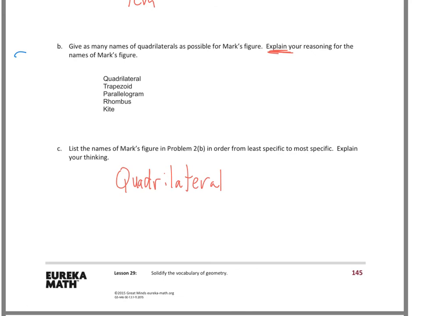That's the only classification. The trapezoid comes next because it has one pair of parallel sides. Again, very basic in terms of classification because there's a lot of shapes that have at least one pair of parallel sides. So that's getting you started.